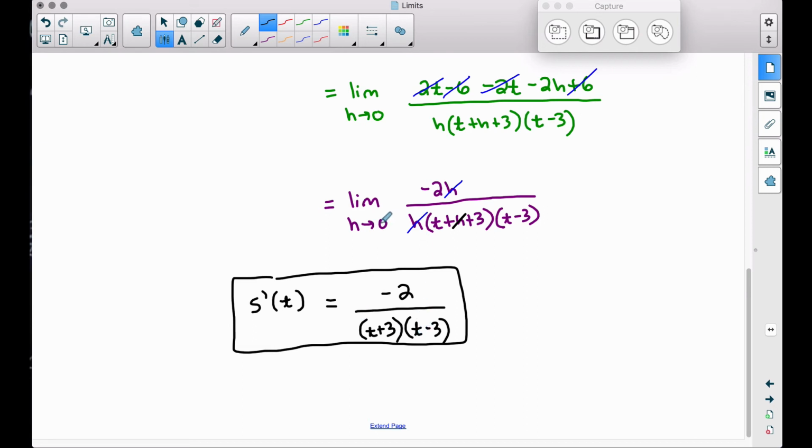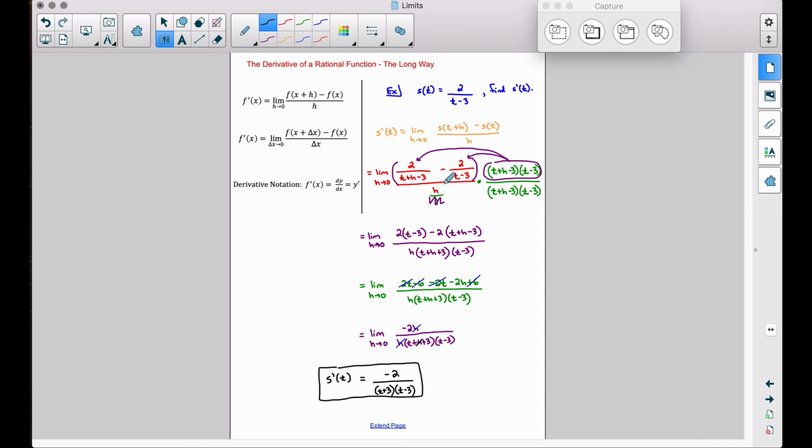But the thing is here, we got rid of that h right there and right there, which means we could plug 0 into that other spot because that wasn't going to give us 0 in the denominator. And sure, it does leave us with some t's. We're finding a derivative function, and we're going to explore that derivative function even more relatively soon as we start comparing the original function to its derivative.